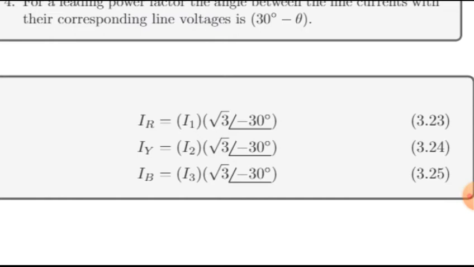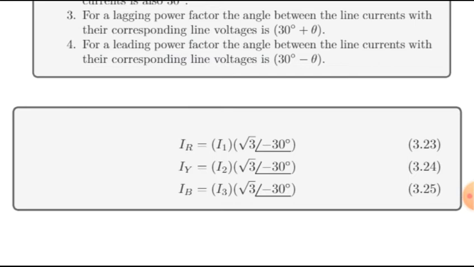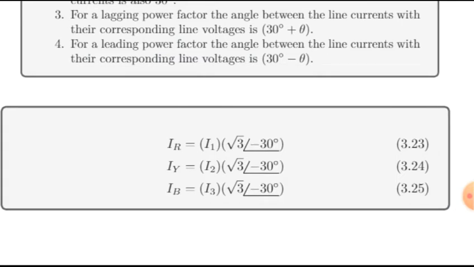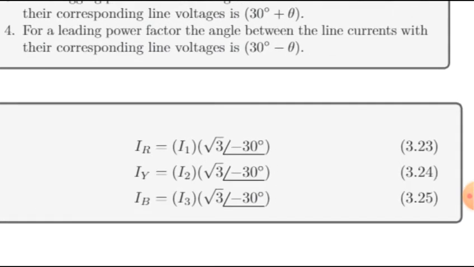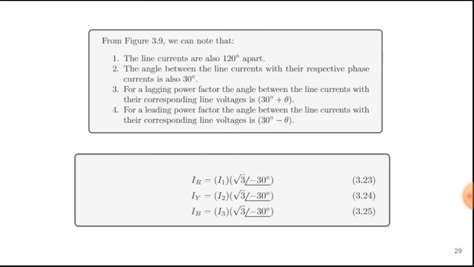If you multiply the phase current by the square root of 3 at negative 30 degrees, you will have the line current. In star connected, you need to multiply by 30 degrees because the phase voltage is leading the line voltage. Here, it's the other way around. So you can use this formula directly, or you can use I1 minus I2 later on.